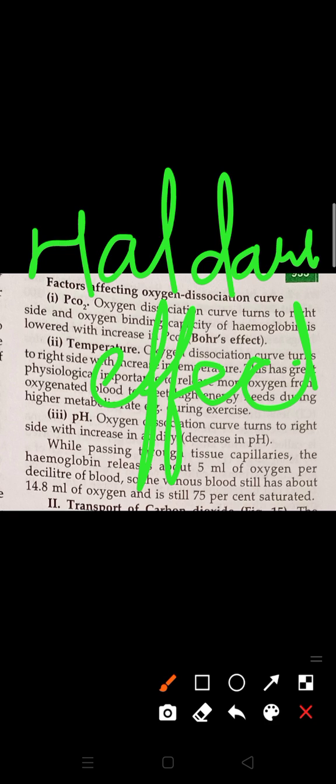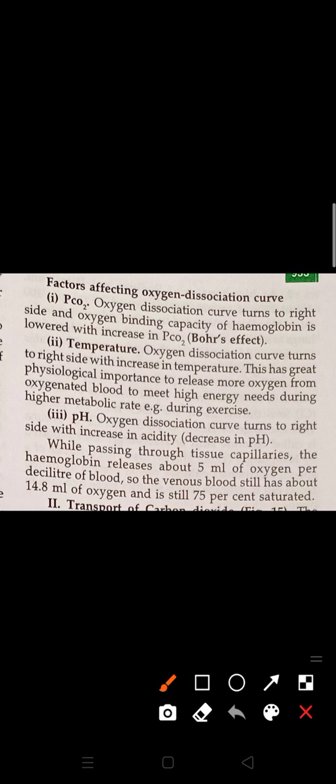The Haldane effect is explained by JBS Haldane. According to the Haldane effect, combination of oxygen with hemoglobin produces oxyhemoglobin, and in this, pH should be acidic.